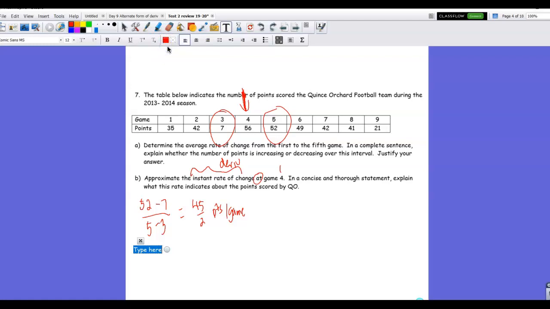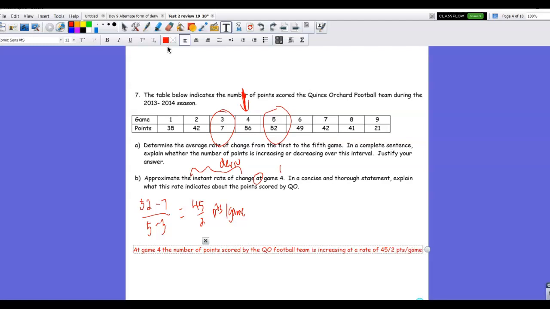So I'm going to say, notice this time I'm not doing an interval of time, I've just used their words: at game 4, the number of points scored by the QO football team is increasing at a rate of 45 over 2, you could make that a decimal, it doesn't really matter, points per game, not squared.